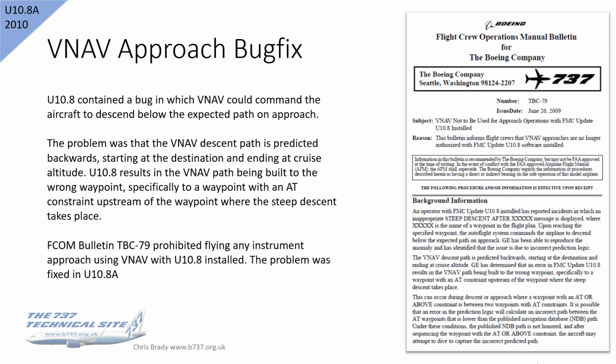Another bug fix was for VNAV approaches. There was a bug which would command the aircraft to descend below the expected path on approach. This was really the main reason why 10.8 was pulled so hastily, and this was addressed with 10.8A.